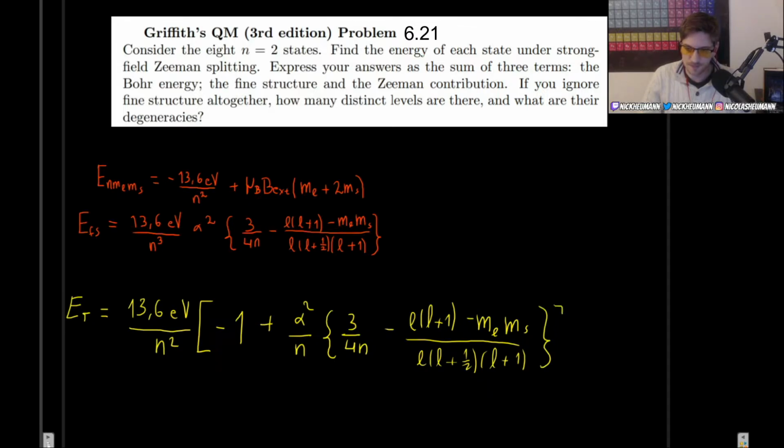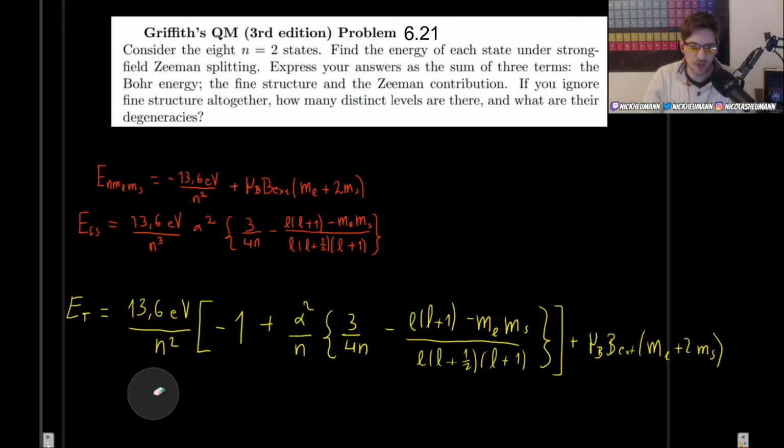All right. And of course, we can't forget about the Zeeman contribution. So Bohr magneton times external field times ML plus 2 MS. All right. So this is the formula that we will have to plug all of our values into.